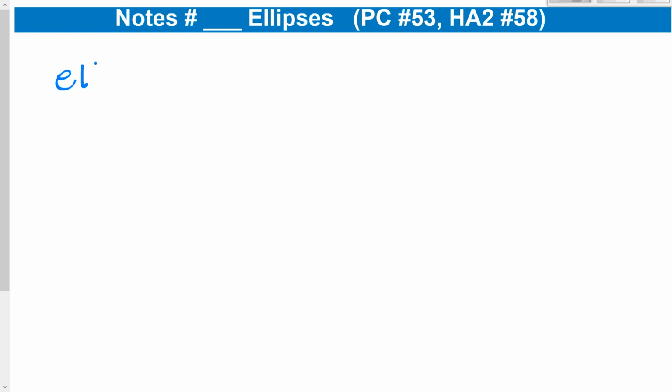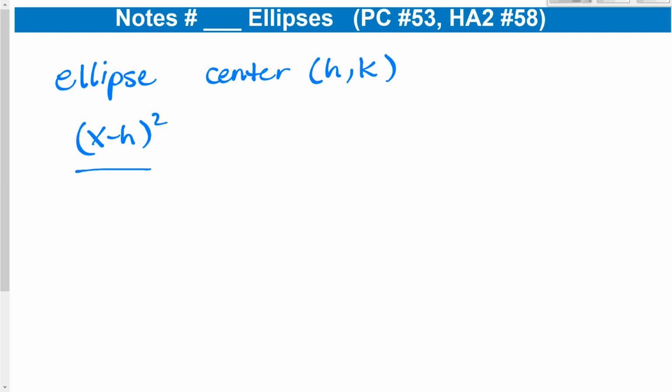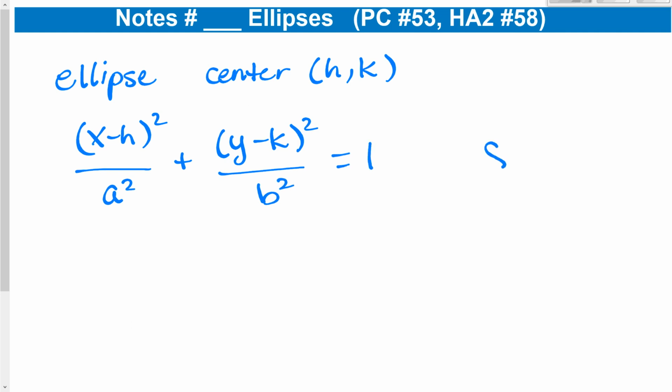So here's the equation of an ellipse with center at (h, k), x minus h quantity squared over a squared plus y minus k quantity squared over b squared equals 1. That's what we would call the standard form equation.